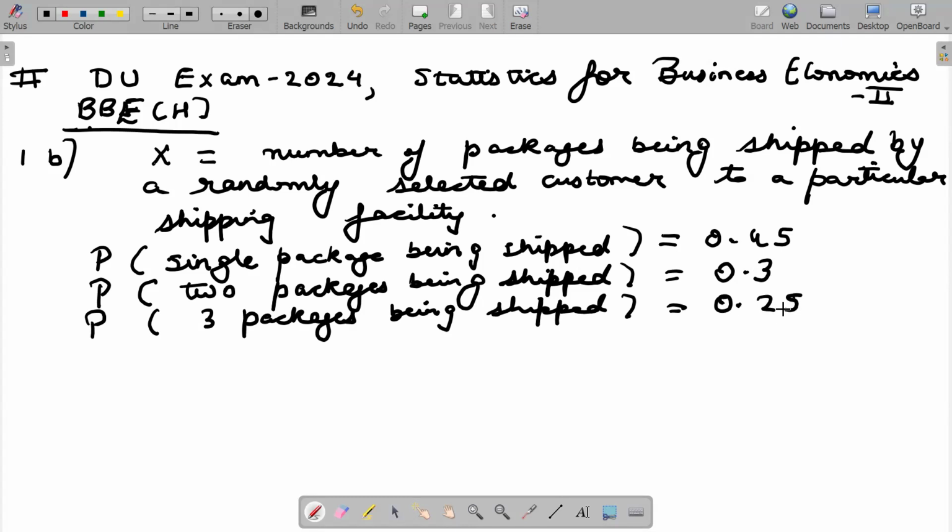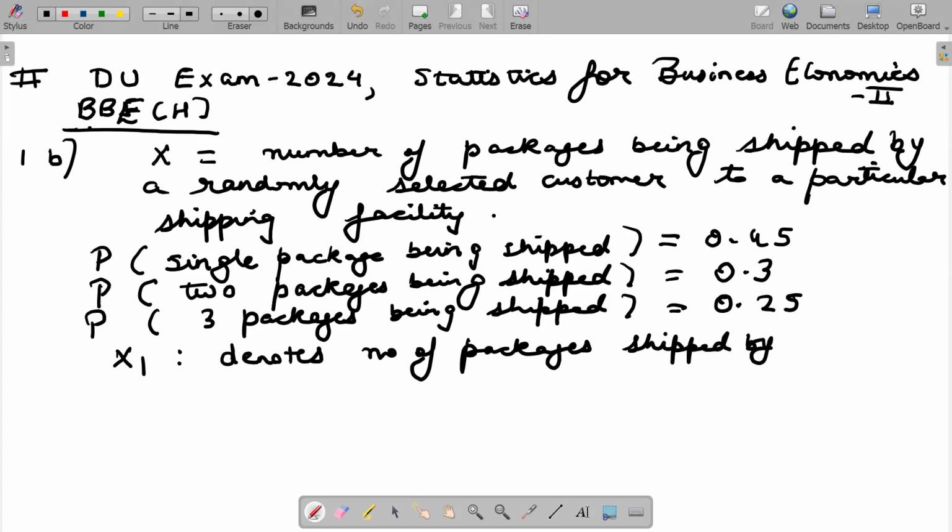A sample of 2 customers is selected, and T0 denotes the sample total number of packages shipped. When we have 2 customers, X1 denotes the number of packages shipped by the first customer, and X2 denotes the number of packages shipped by the second customer. So X1 is a random variable which denotes the number of packages shipped by the first customer.